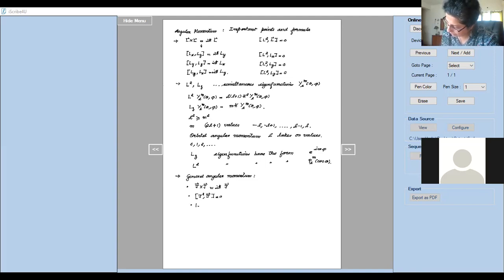Then we write it as if |j m> is a common eigenfunction of J square and Jz, in line with what we did for orbital angular momentum.